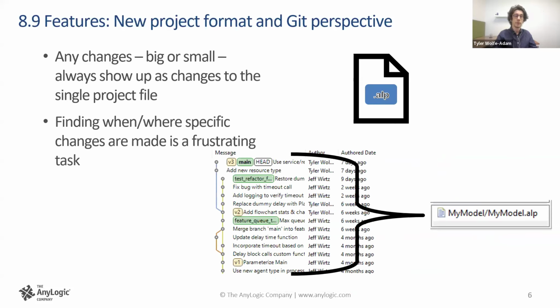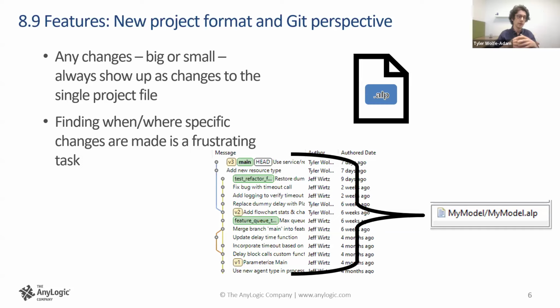Because of this, if you tried to use a version control system like Git and looked into what files were changed in any of those updates, it would always report that single project file. So whether you're just moving a variable a few pixels over, or implementing your entire flowchart and your custom agent types, from the perspective of your changes, they all look the same.